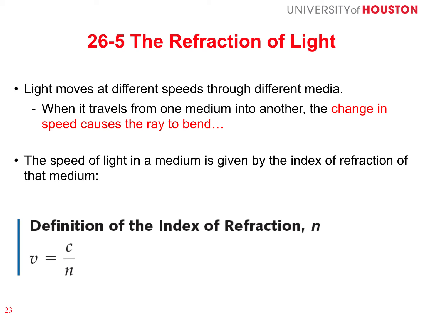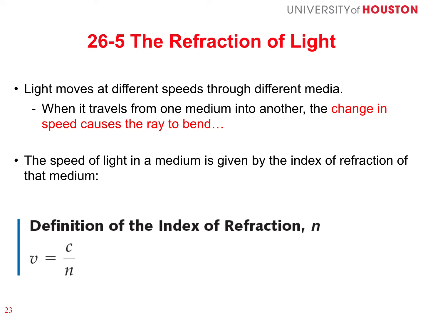The speed of light in a medium is often referred to in terms of the index of refraction, and that is defined as the velocity of light in a particular medium, which is v, divided by the velocity of light in the vacuum, which is c.